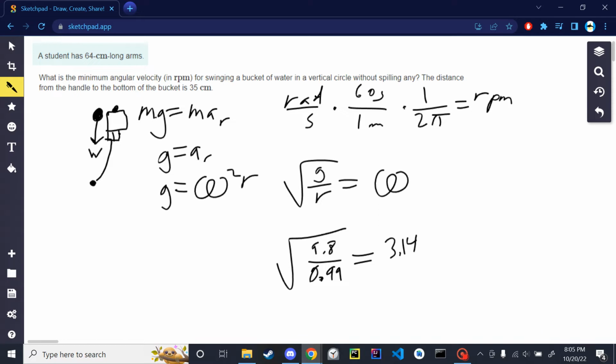And so now we need to do this conversion up here. We're going to multiply it by 60, divide it by 2 pi, and we're going to get about 30 RPMs.